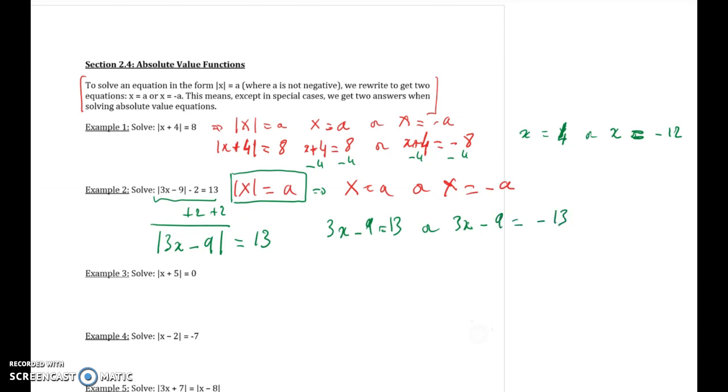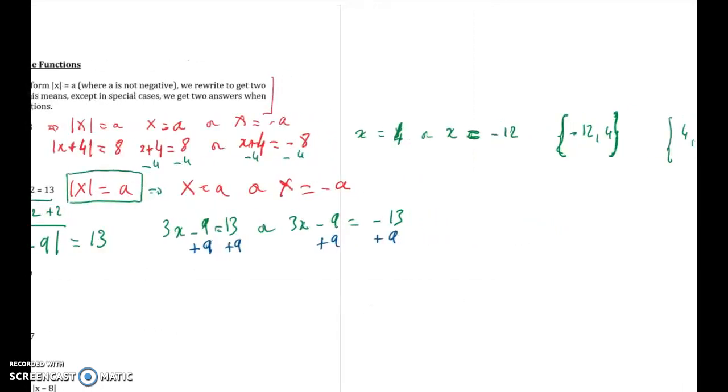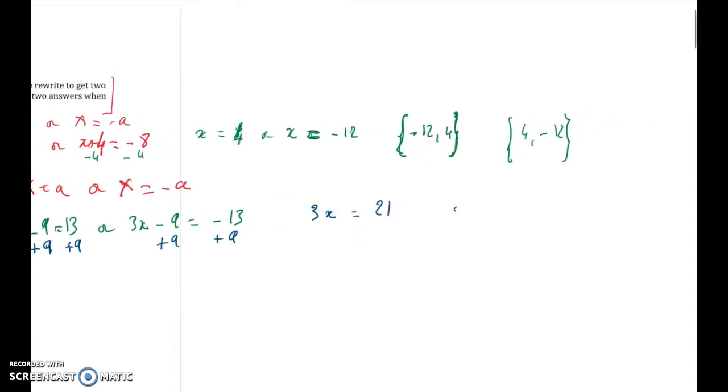When I add 9 to both sides, first I'm going to have 3x equal 22, and for the other one, 3x equal negative 4.